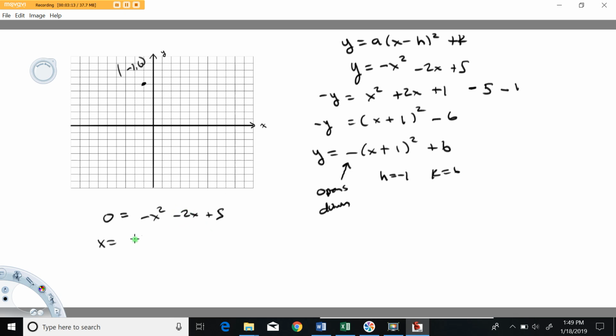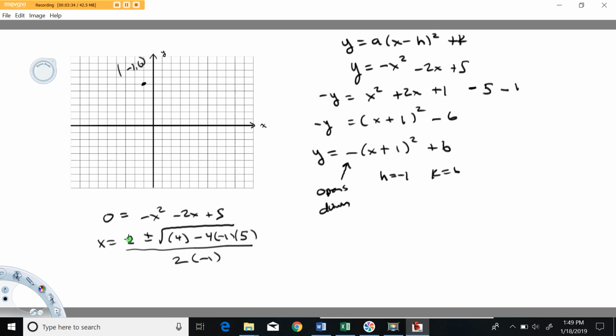X is going to be the opposite of b, plus or minus the square root of b squared. Now when you take negative 2 squared, you get 4. Minus 4 times a times c, all over twice a. I'm going to run this one more time.